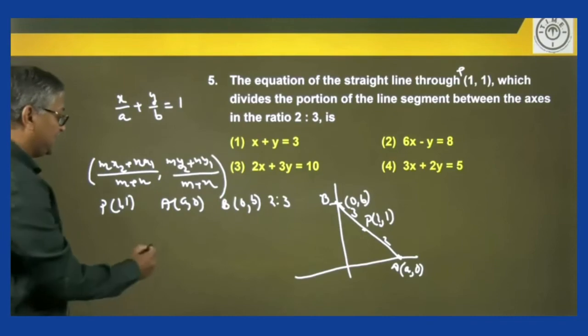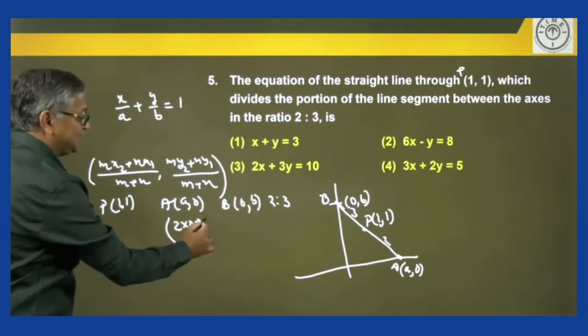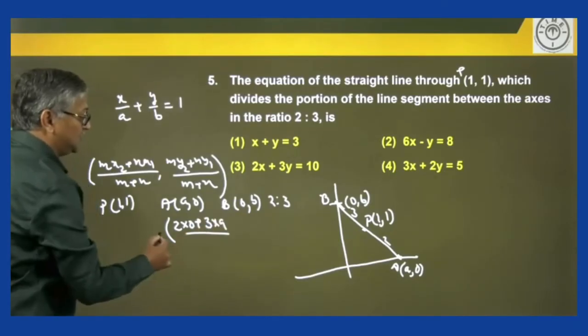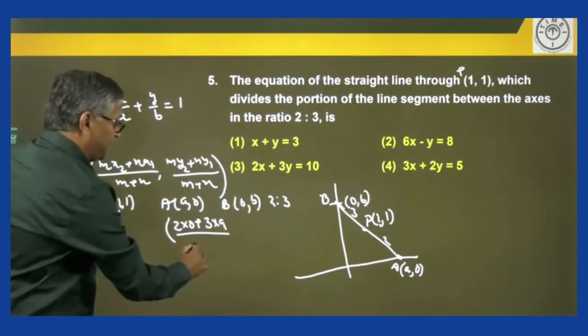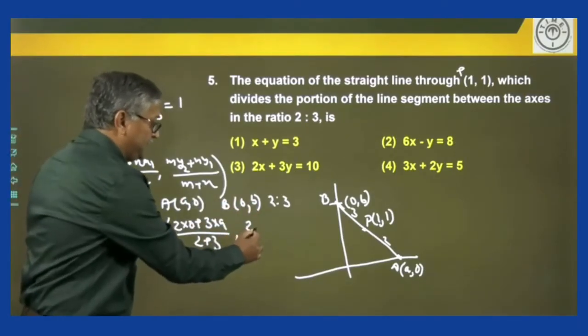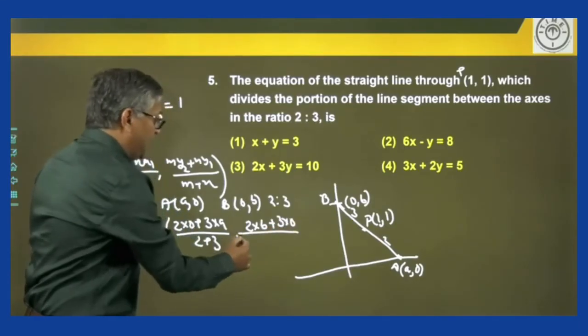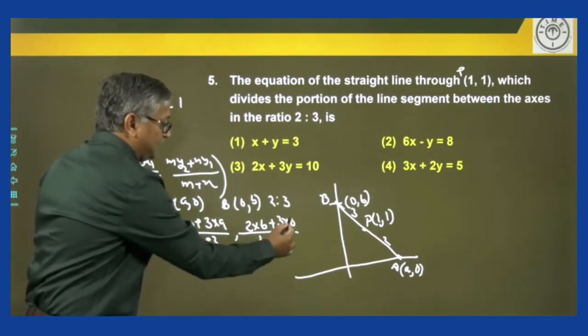Then we apply this formula: 2 into 0 plus 3 into a, by 2 plus 3, and 2 into b plus 3 into 0 by m plus n.